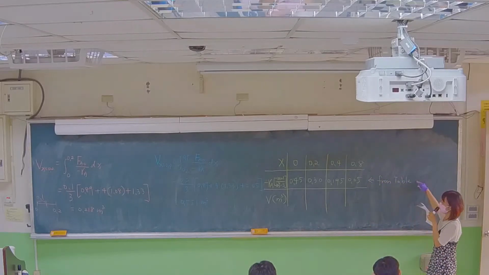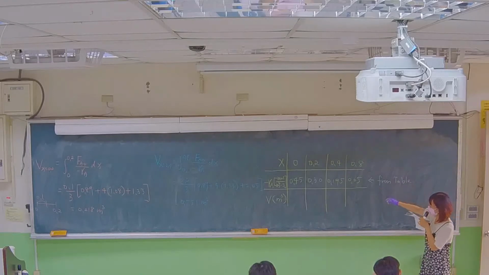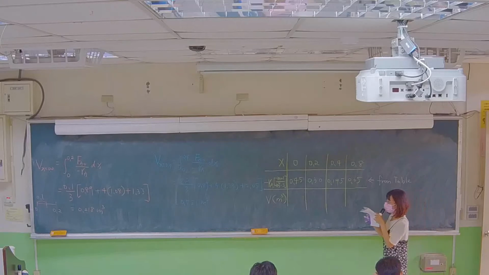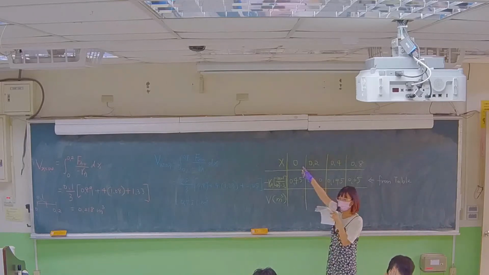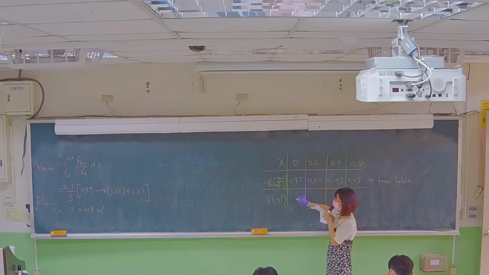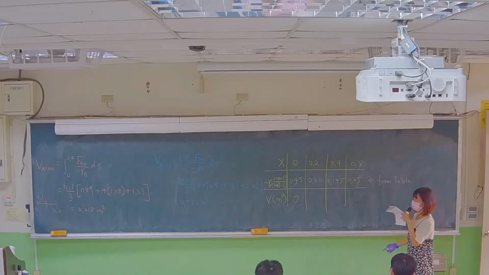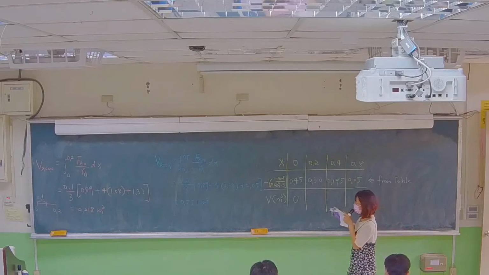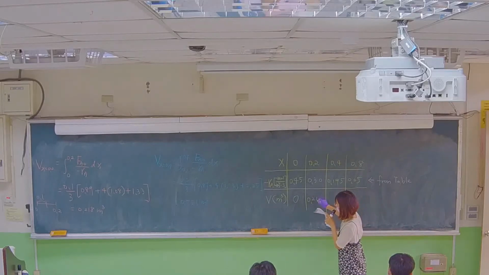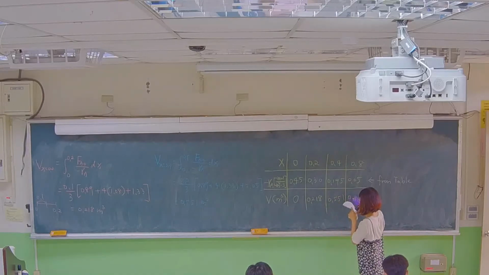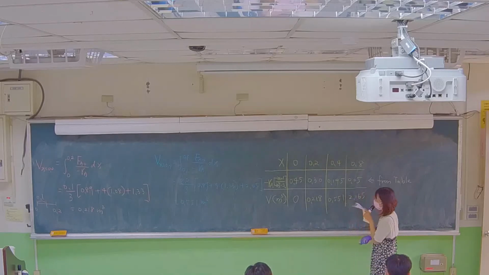The question should give you the data, but you should calculate the value. So conversion equal to 0 means at the beginning, right? At the beginning, so volume is equal to 0, okay? At the beginning. 0.2, we just calculate. 0.4. And 0.8. Okay?